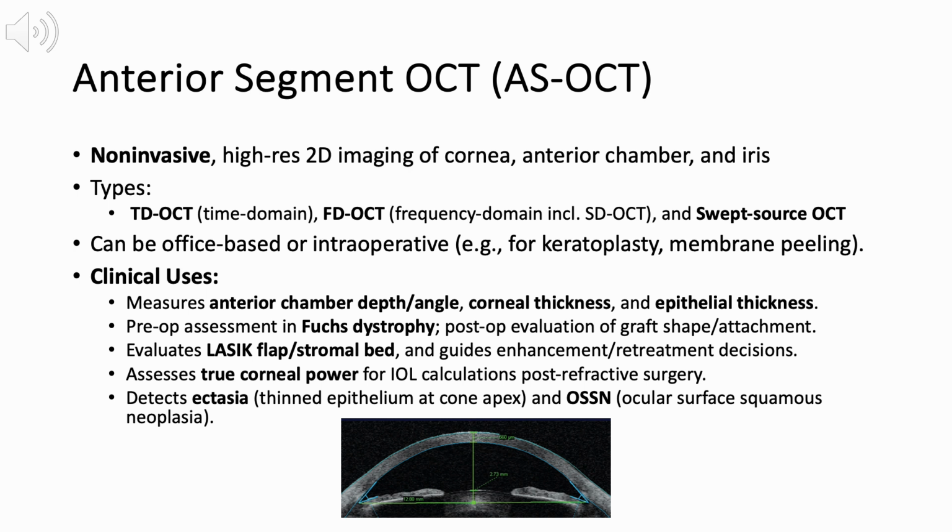ASOCT is also valuable in LASIK by allowing visualization of the flap and stromal bed, guiding enhancement decisions. Additionally, it provides accurate measurements of true corneal power for IOL calculations in post-refractive surgery eyes and helps identify corneal ectasia by detecting epithelial thinning over the cone apex. Lastly, it is a sensitive tool for detecting ocular surface squamous neoplasia.